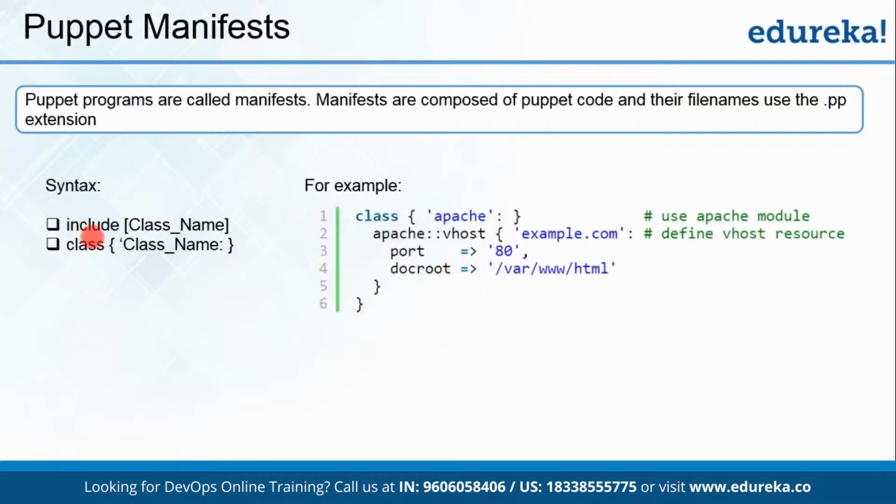Either you can just write include and the name of the class, or, if you don't want to use the default attributes of that class, you can make changes by using this particular syntax. That is, you write the class, open the braces and the class name, colon, whatever attributes you want apart from the ones that are there by default, and then finally close the braces. All right. So now I'll practically execute a manifest that will install Apache on my nodes.